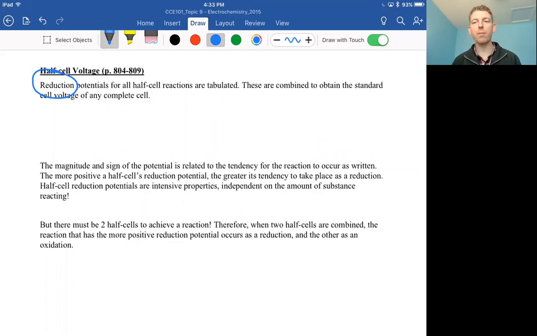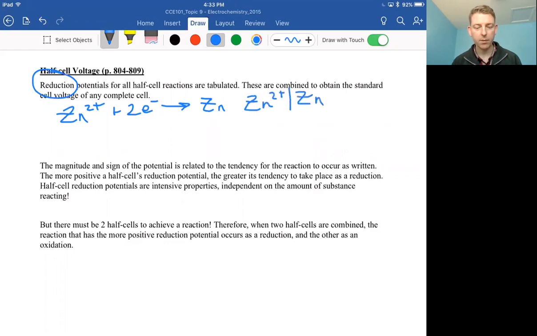But say you go back into the appendix in your textbook or look it up online, what this might look like in practice is you'll see a reaction either written out completely as something like zinc 2 plus plus 2 electrons going to zinc metal, or that can be shortened to just zinc 2 plus, the ion, with a straight line in between going to zinc metal, and that will have a reduction potential of negative 0.76 volts.